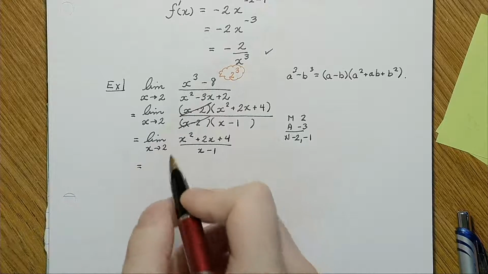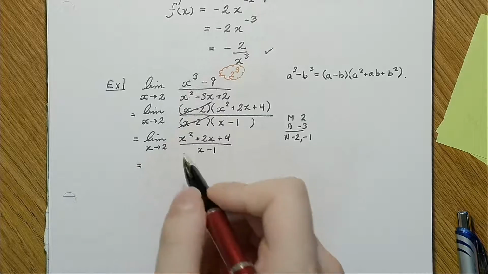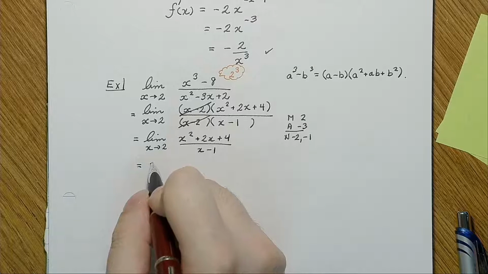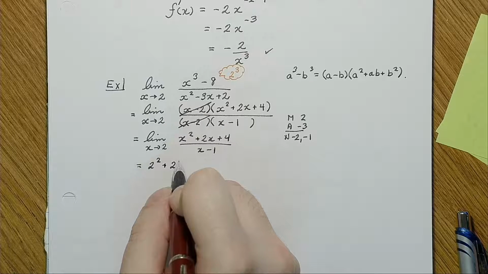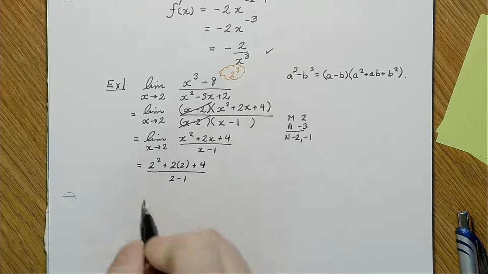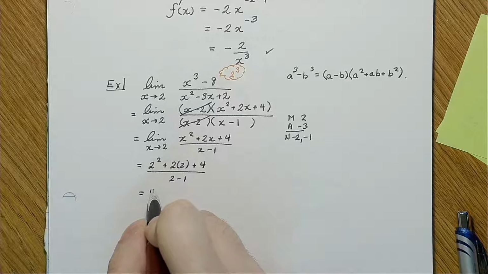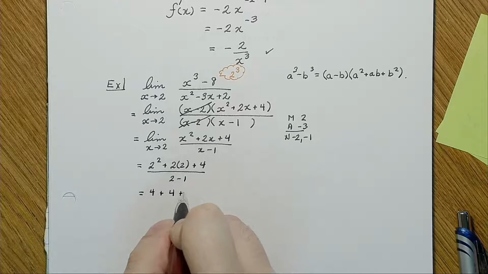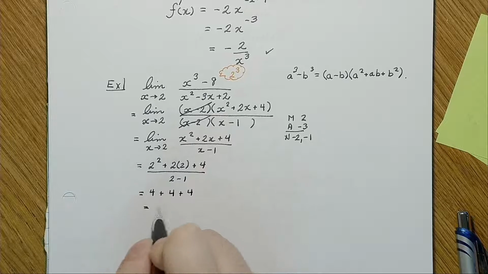Now if I substitute in that value, I have 2 minus 1, that's still 1. So then I have 2 squared plus 2 times 2 plus 4, all over 2 minus 1. That gives me 4 plus 4 plus 4. 3 fours is 12.